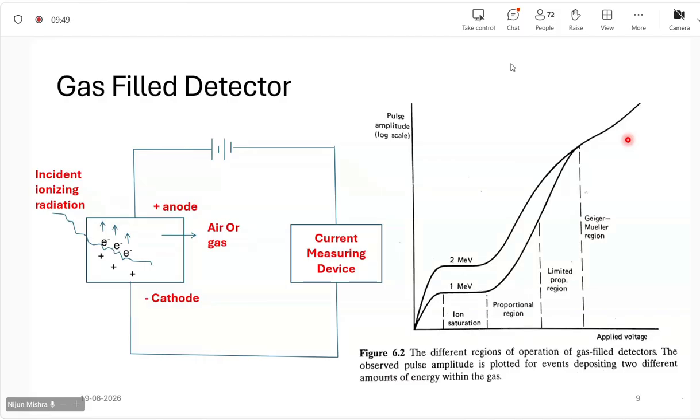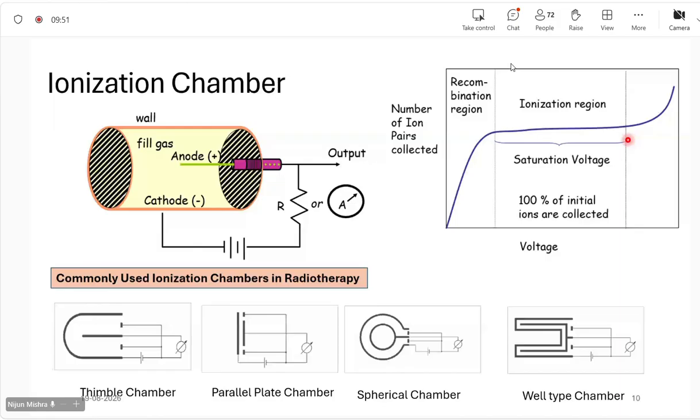So come to the ionization chamber. Here, I already explained the principle. It's made up of an outer wall like this. This is an example of a cylindrical type ionization chamber. This wall is normally made up of graphite or plastic or some air equivalent material. This is the anode, which is mainly made up of aluminum.